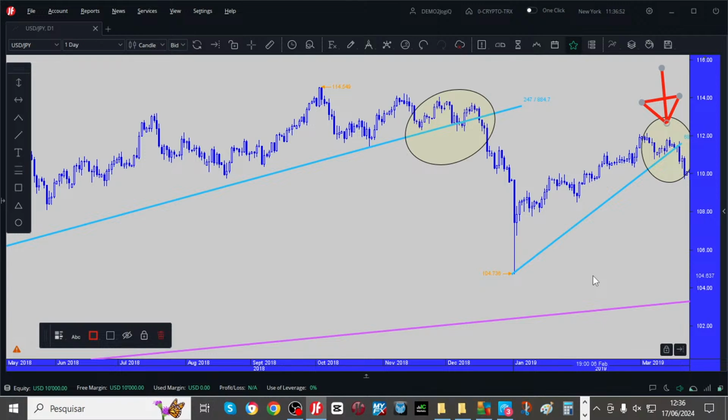Based on the three trend lines that you are seeing, what would be the decision? Buy or sell?